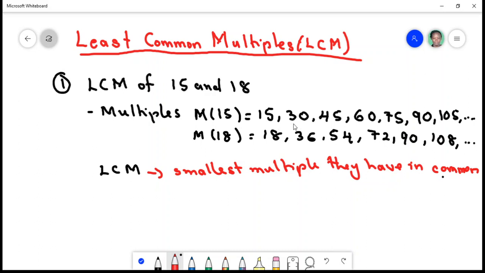Which multiple do they have in common? You realize that you have 90 here and 90 there. That is the least so far. As we continue, there may be other multiples they have in common, but you realize that this is the least. Any number beyond this is going to be greater than 90.